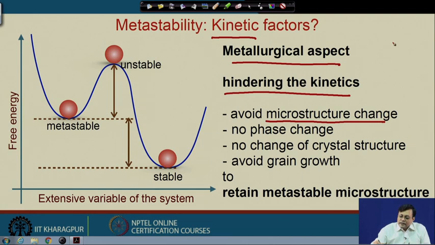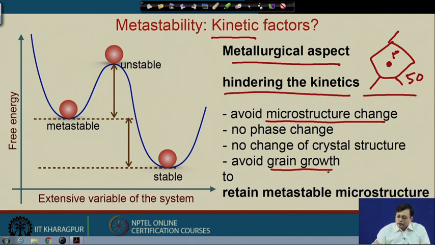As an example, I may have a grain of let us say 50 nanometer, and there are some 2-3 nanometer precipitates inside. If I have to keep this microstructure this way, then we should avoid the grain growth and also the precipitate growth.